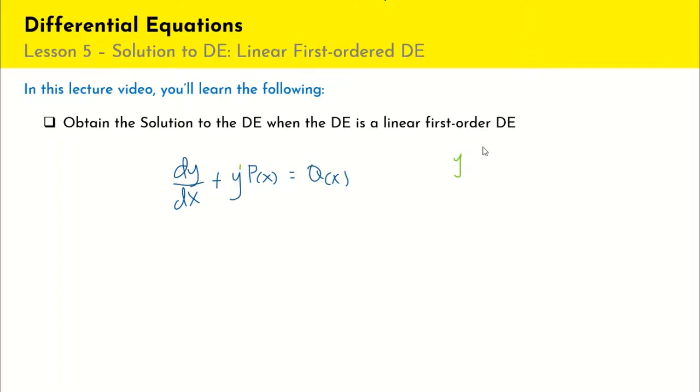If the value of n is greater than 1, for example 2, 3, 4, 5, 6, 7 and so forth, then it's no longer linear. This will only be applicable if it is a linear first order DE.